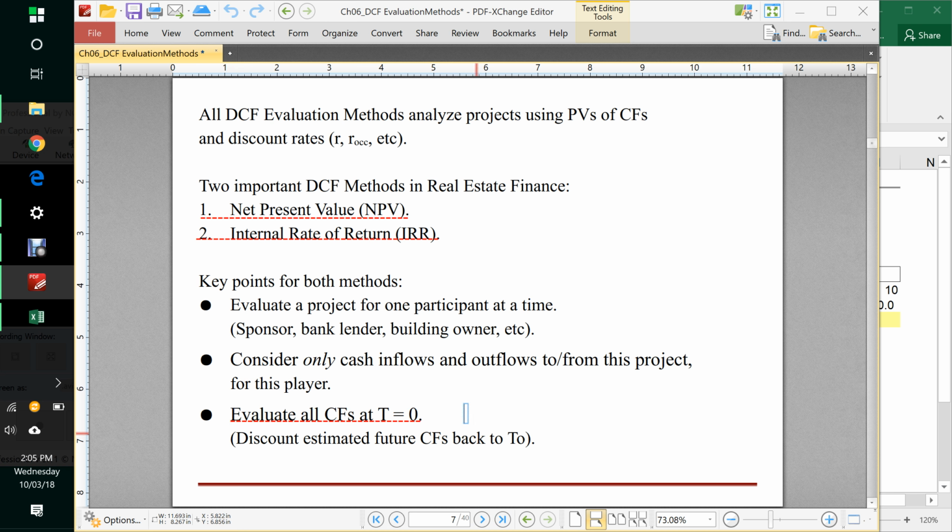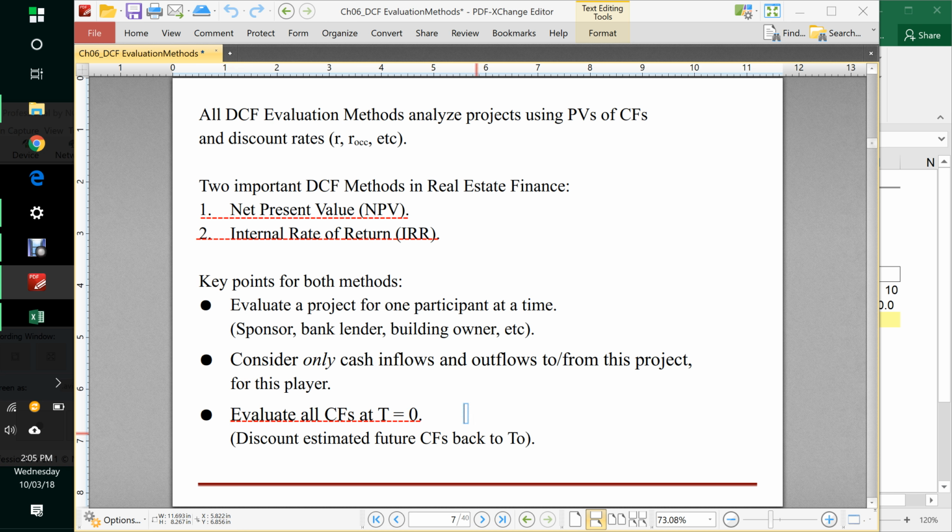Net present value is going to include all of a project's cash flows, including any at t equals 0. So note the difference from the earlier chapter.